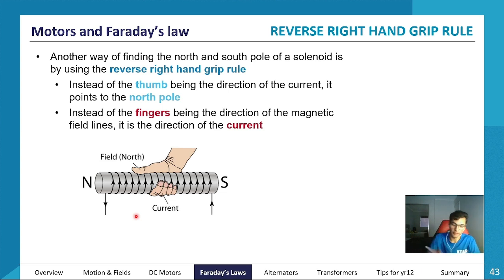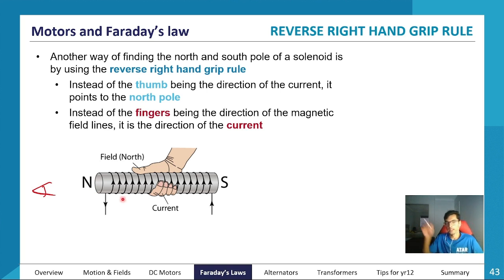Another way you can figure out the north end and the south end is to imagine this is an eye, and you're looking down the solenoid from that side. From when you're looking this way, you can see that the current is traveling in an anti-clockwise direction.